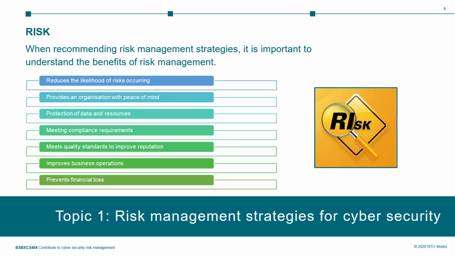Now that can be within our policies, industry standards, or it could be legal requirements. We need to have a system where we review and look at continuous improvement of whatever systems we put in places. So we're looking at improving our overall business operations and prevent losses to the organisation.